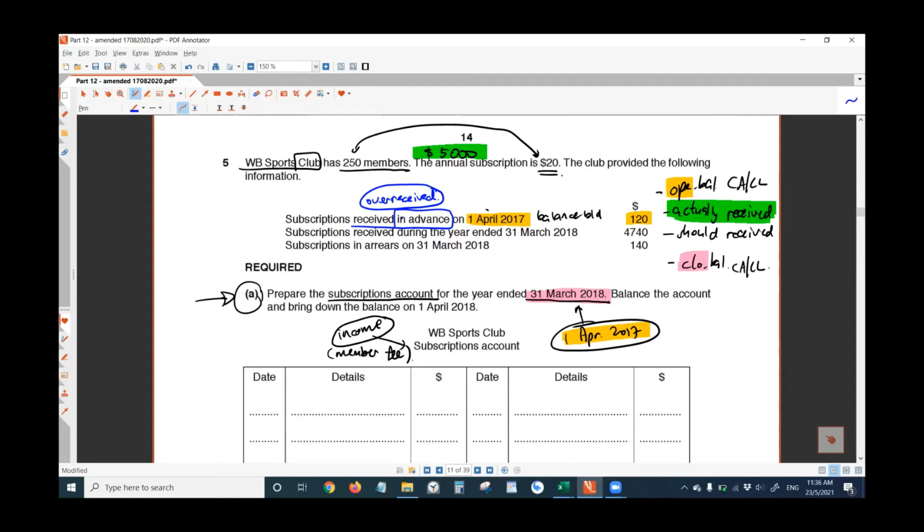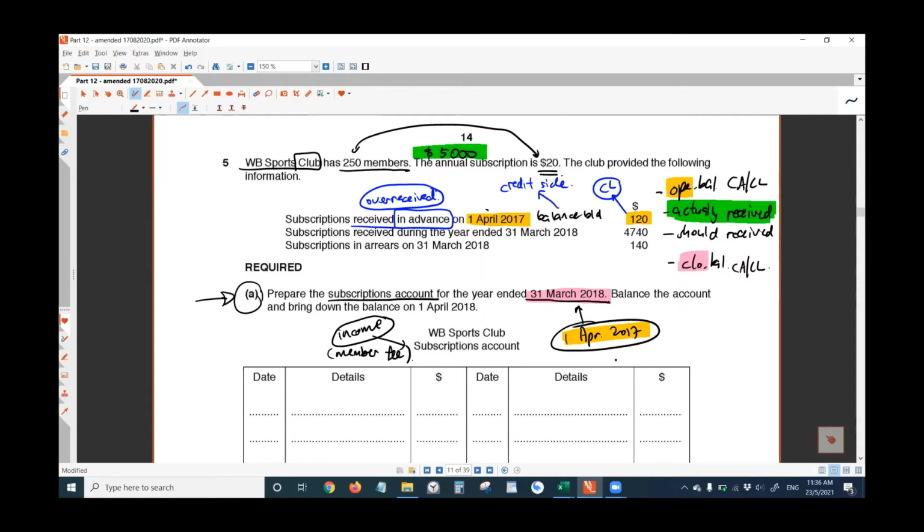They don't want to waste time doing the online transaction, so they like to pay a couple of months together in one shot. It makes us over-receive the subscription. That means this is a current liability. When you over-receive the income, you temporarily owe the members money, right? So this is a current liability, which means it should be on the credit side.